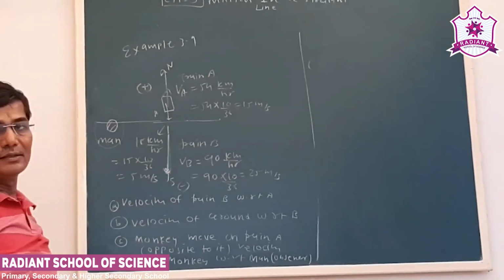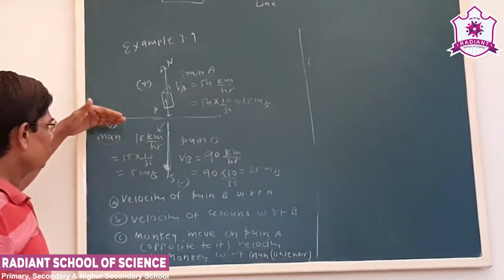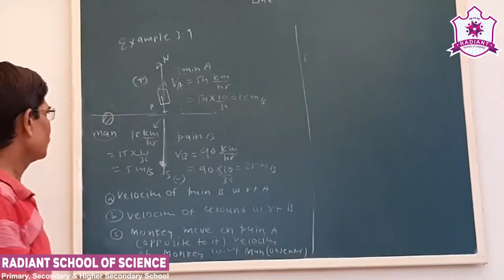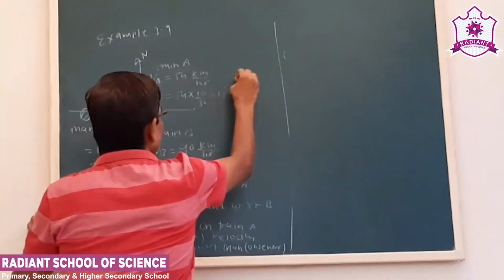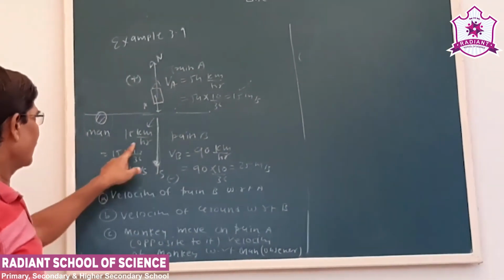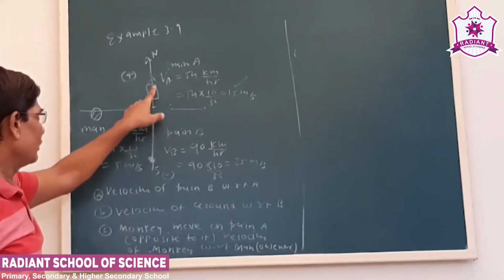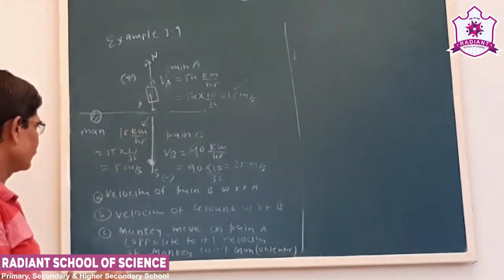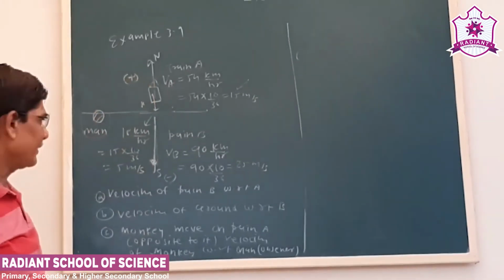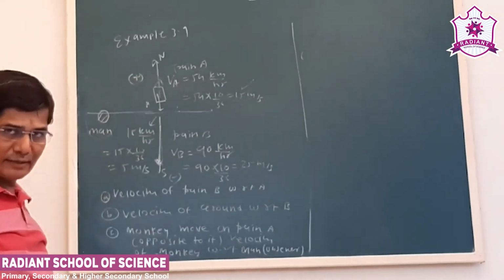Now see, for the man on the earth, the reference frame is different. So in that sense, see the velocity of train A is 15 meter per second. See the velocity of monkey for a given reference frame. See the downward direction we take negative.